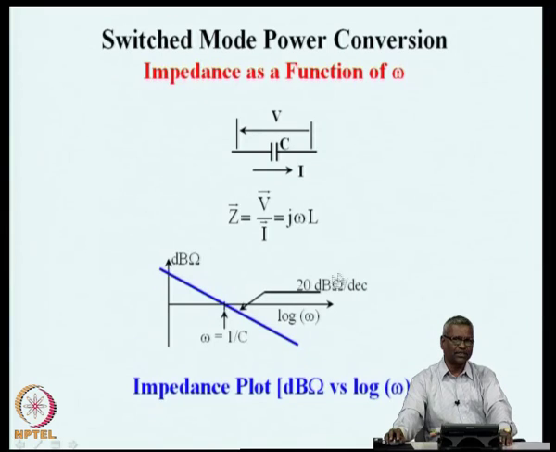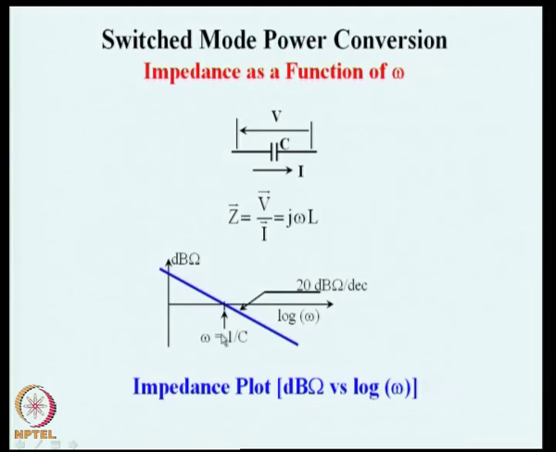It keeps dropping with frequency with a slope of minus 20 dB per decade, and the frequency at which the impedance is 1 ohm will be omega equal to 1 by C.